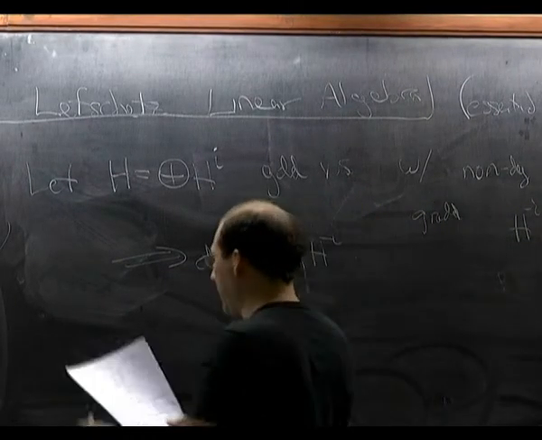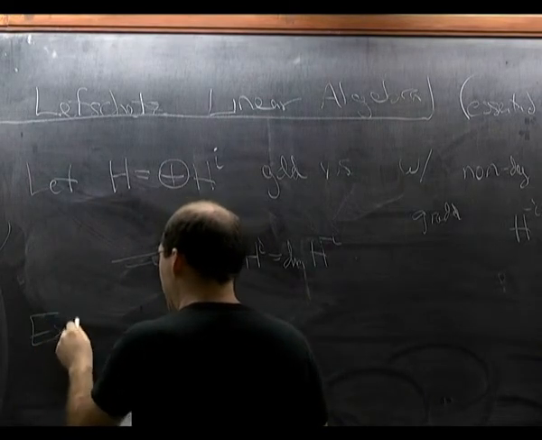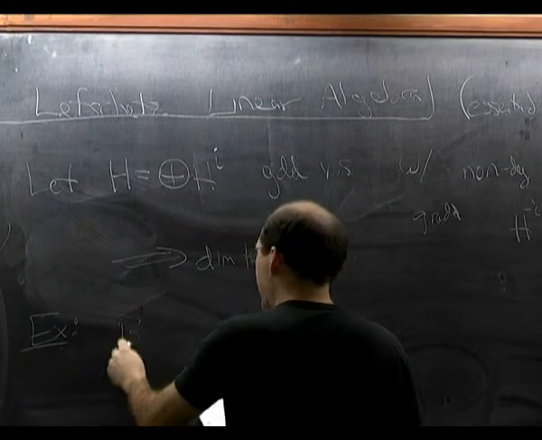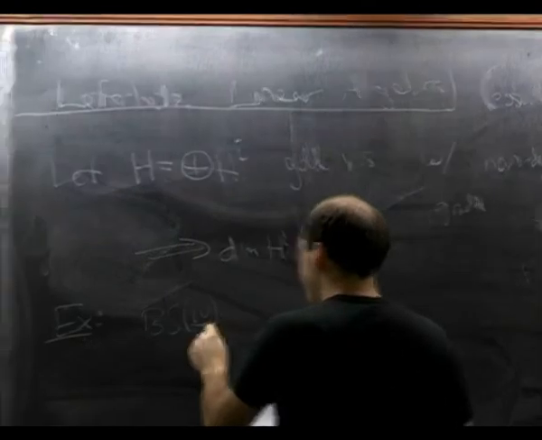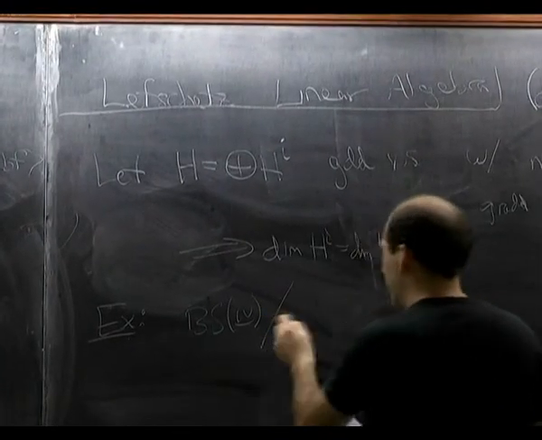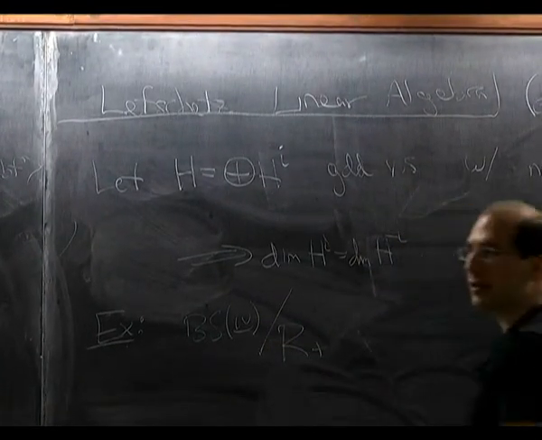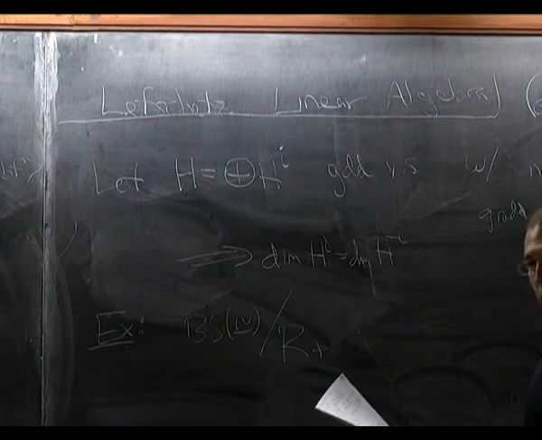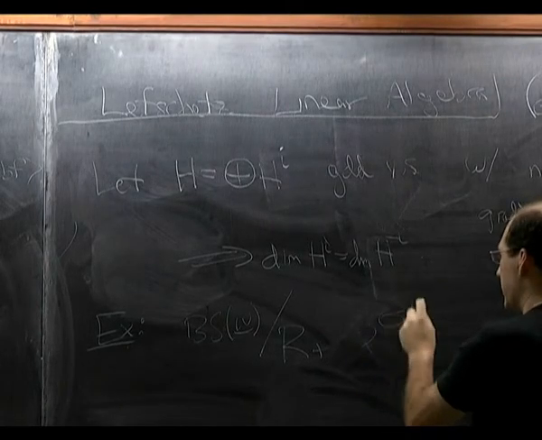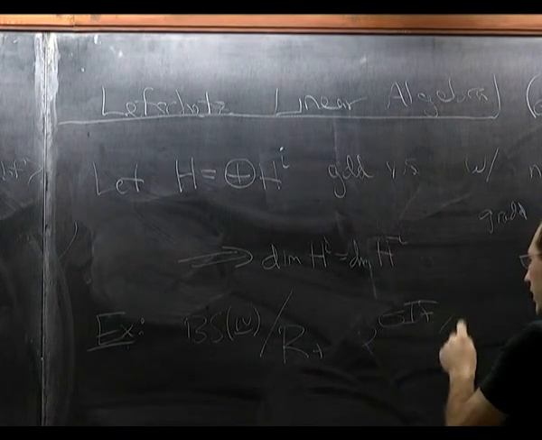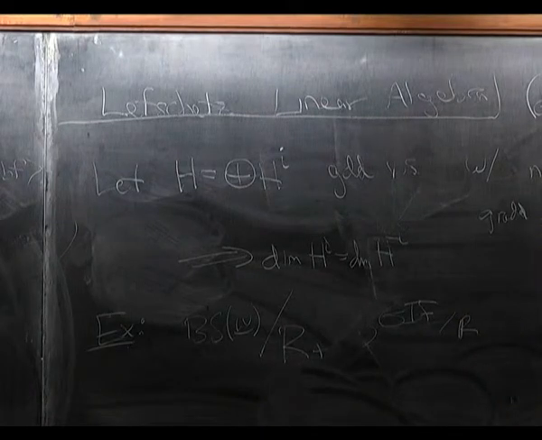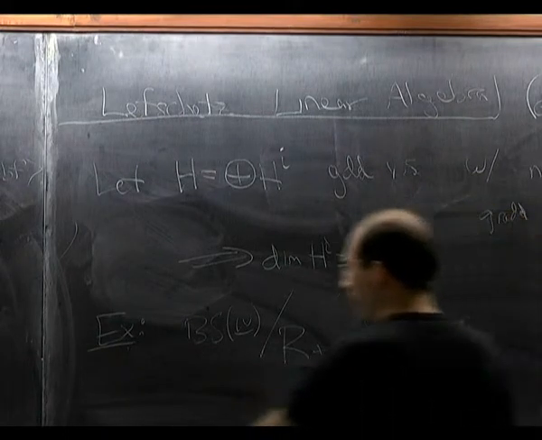An example, the key example, will be: take a Bott-Samuelson, mod out by the action of positive degree polynomials on the right, and equip it with the global intersection form over R, just like we discussed. So here's a definition.